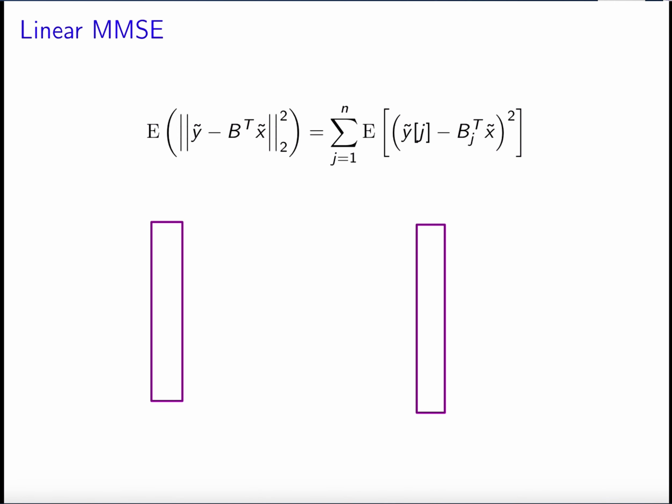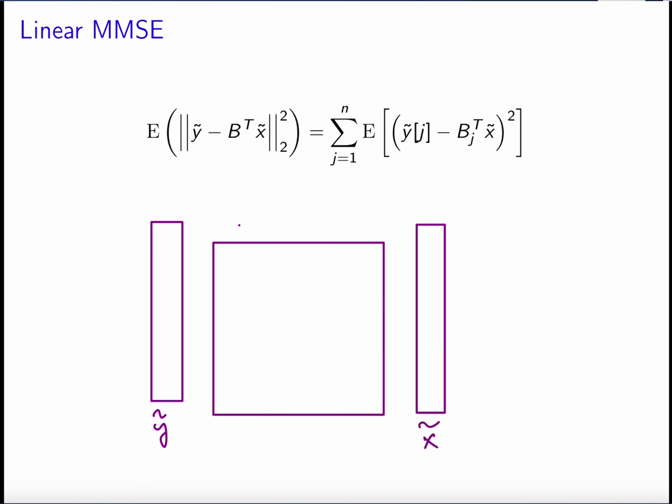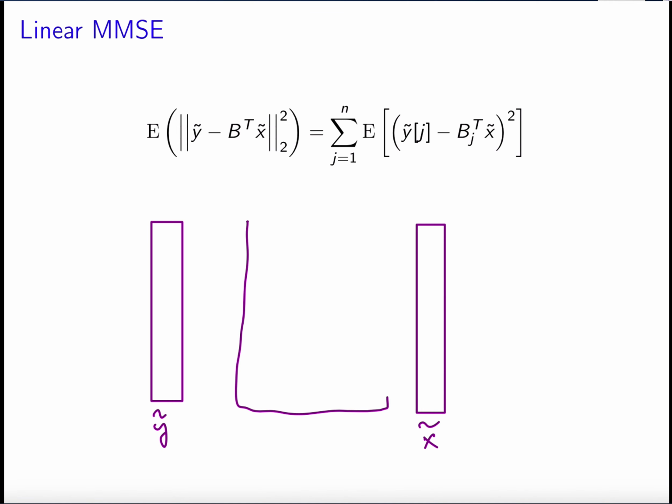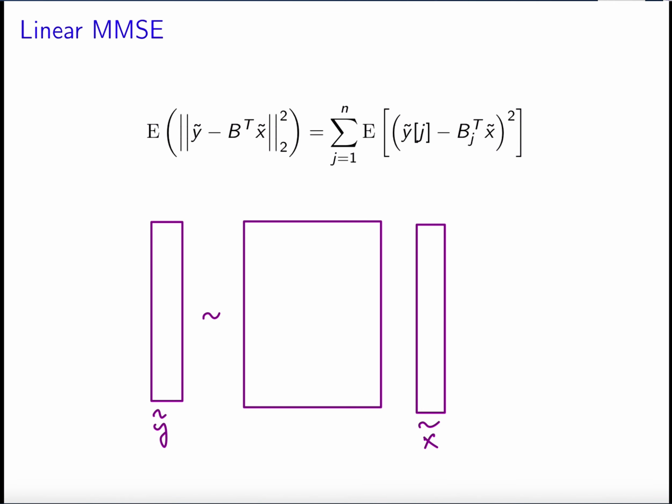And the idea here is that we're going to map x to y using a linear transformation, and therefore just applying a matrix, a square matrix. Let me try again. But we're going to just pretend that this is a square matrix to y. Okay? We call this matrix B transpose.